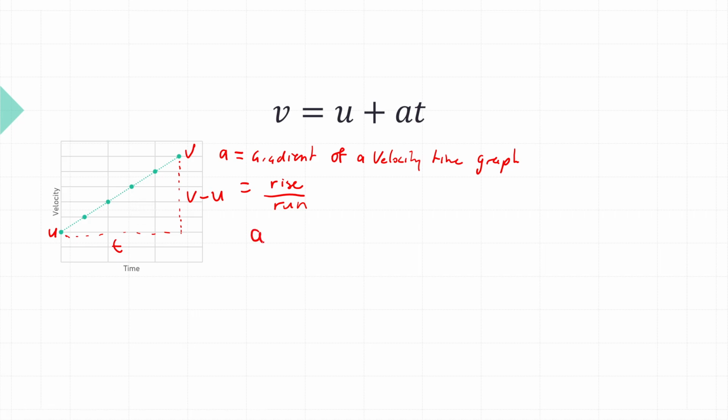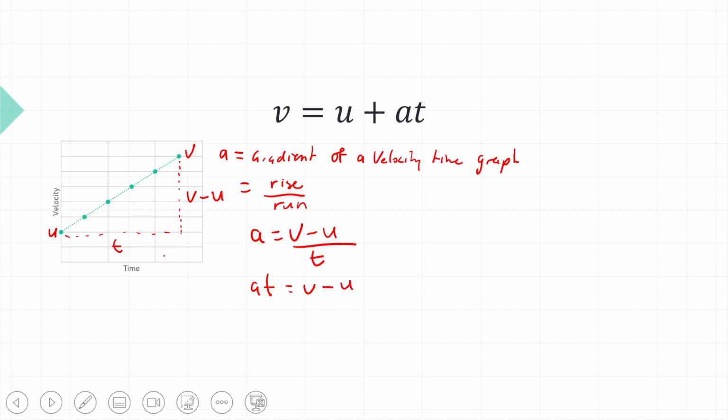So if a is equal to v minus u, our rise, divided by our run, which is t, this is already an equation that we have begun to use to calculate for acceleration. What we haven't done is rearrange that equation. So what I can do is take t and move it onto the same side as a, so get at is equal to v minus u, and then move u over to the other side as well to make v the subject.